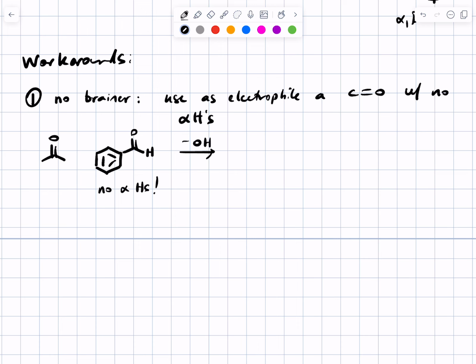So you hope for the best that by putting this under basic aqueous conditions, you're going to make some of the enolate, and then that enolate, you're going to hope for preferential reactivity of that enolate with the aldehyde. Now probably you're hopeful to use this same electrophile that has no alpha protons. You probably hope that that electrophile is more electrophilic than your ketone.